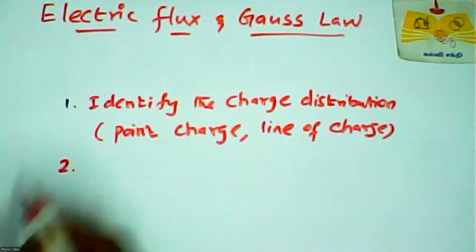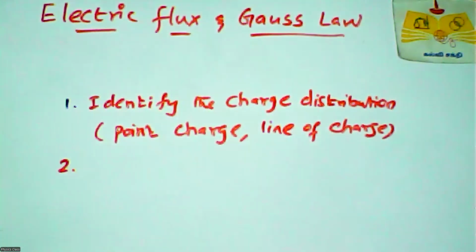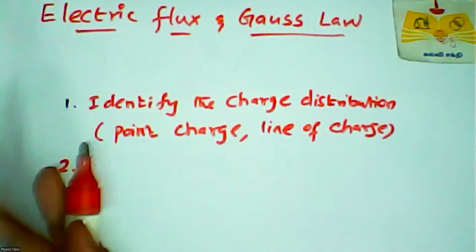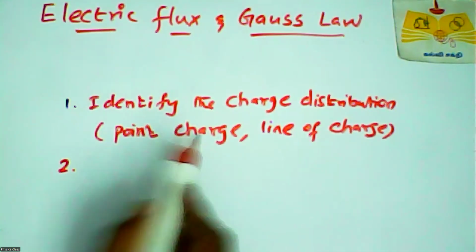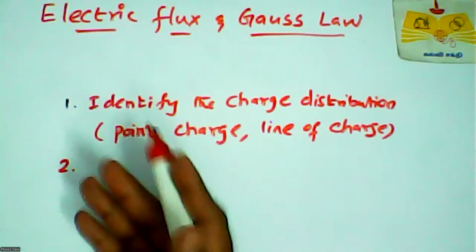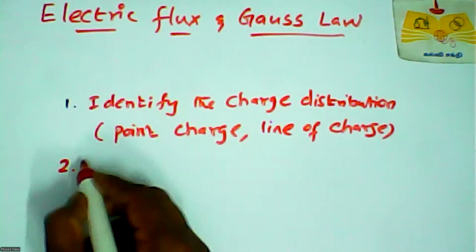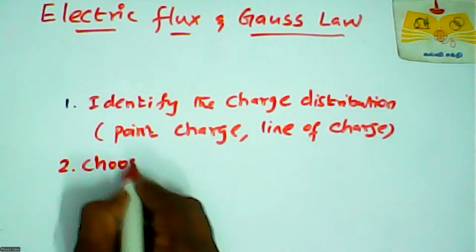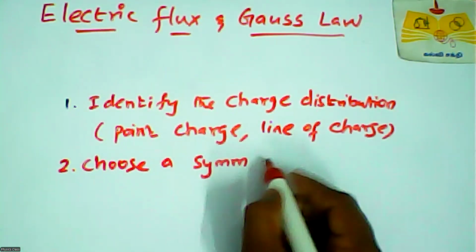So before applying Gauss law to find the electric field, you have to know the important four steps. First of all, identify the charge distribution, it may be a point charge, or it may be a line of charge. Then second, choose a symmetric Gaussian surface.